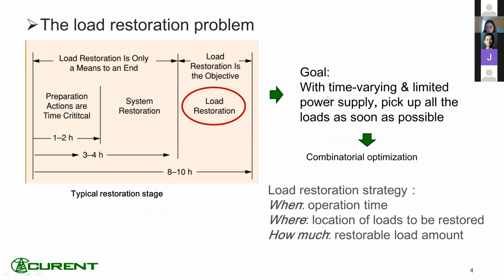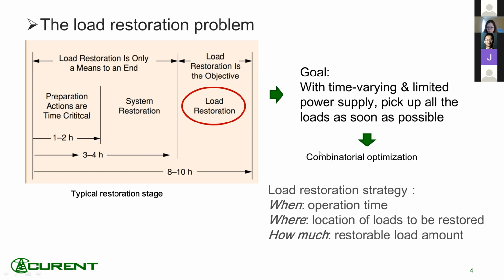So our goal is actually to pick up as many loads as possible, and we want to bring back all the loads as soon as possible, while facing a time-varying and limited power supply condition.